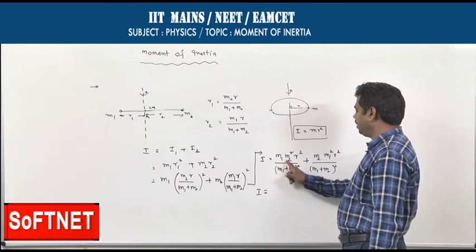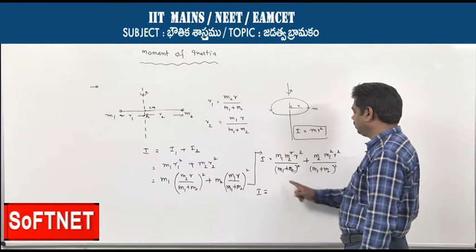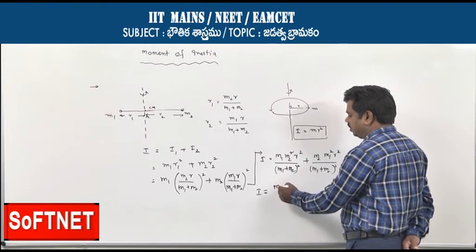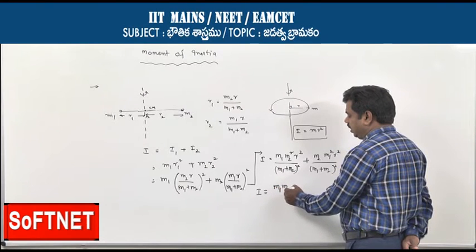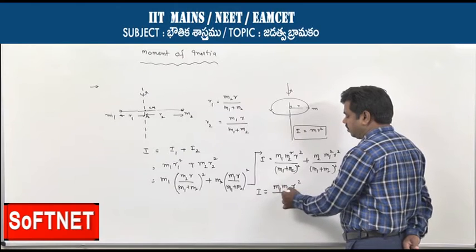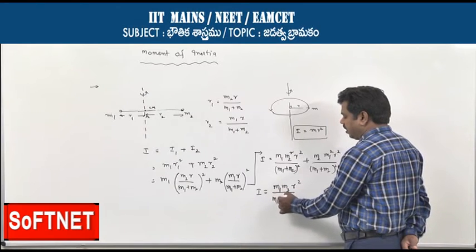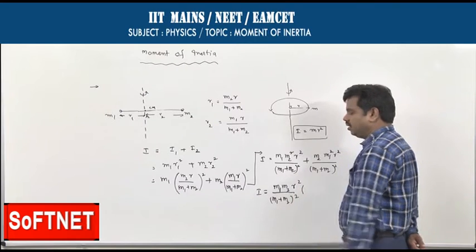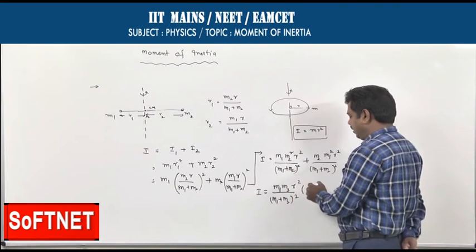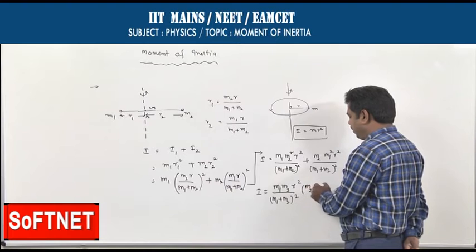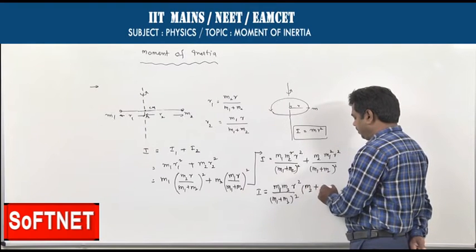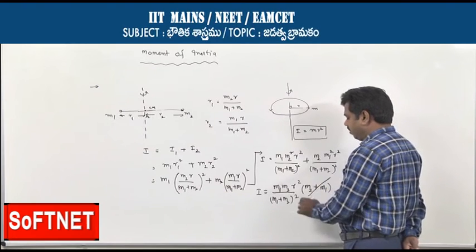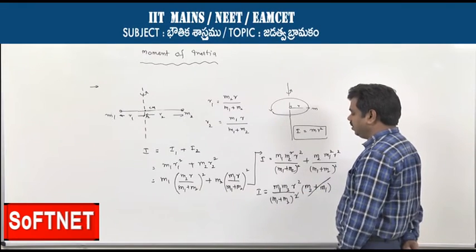We can take m1 m2 r square by m1 plus m2 whole square common. Then what will be left here? Here m2 will be left, plus here m1 will be left. One m1 plus m2 and one m1 plus m2 will get cancelled.